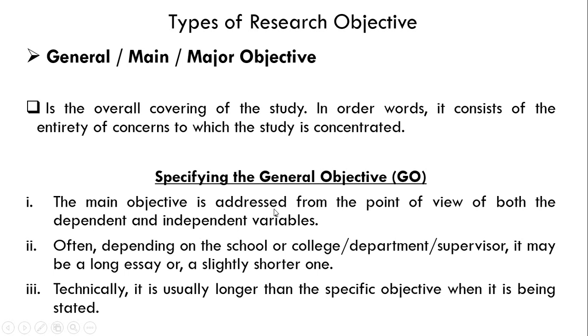Also, depending on your college or your school or your department or your supervisor, often the general objective may be in the form of a long essay that warrants you to expatiate on the dependent and independent variable you intend to study in the work.